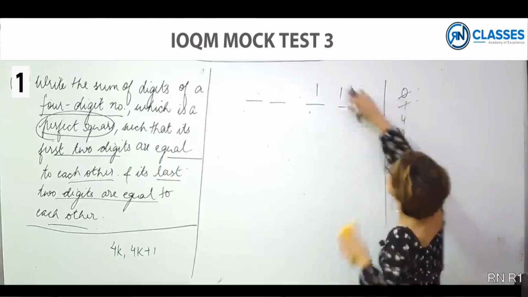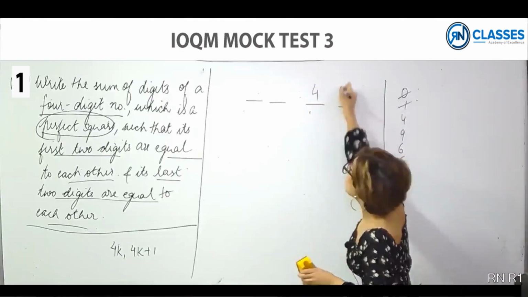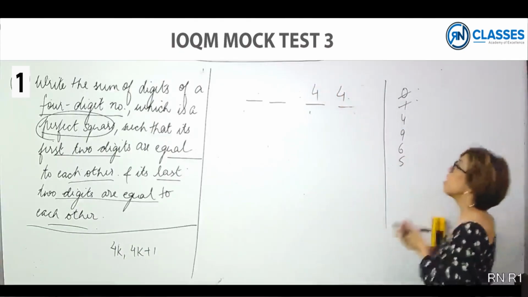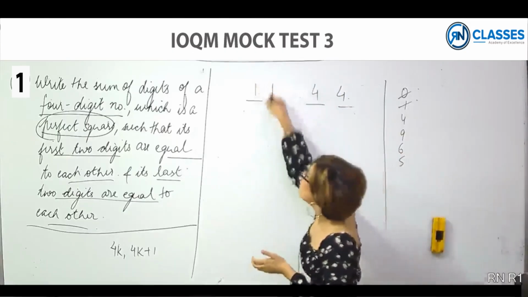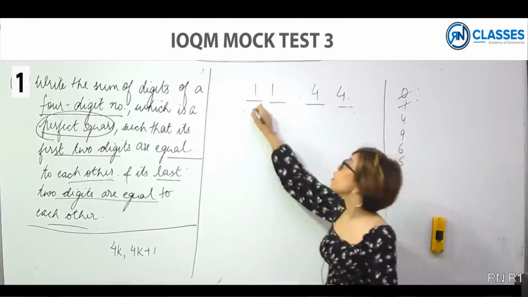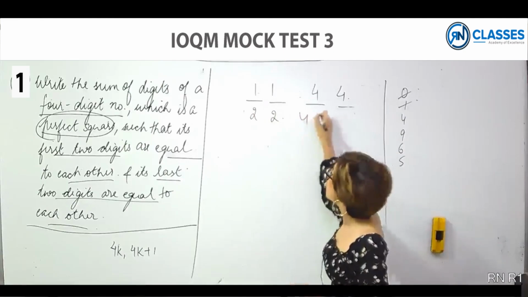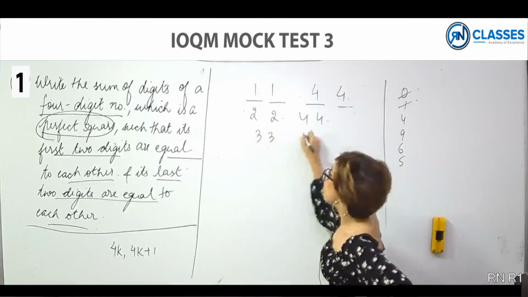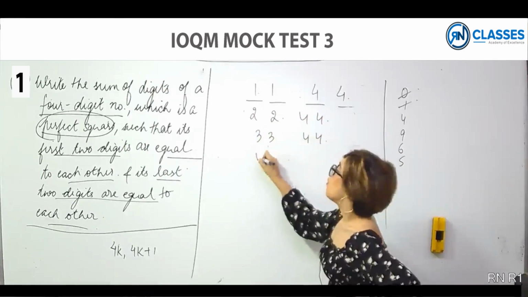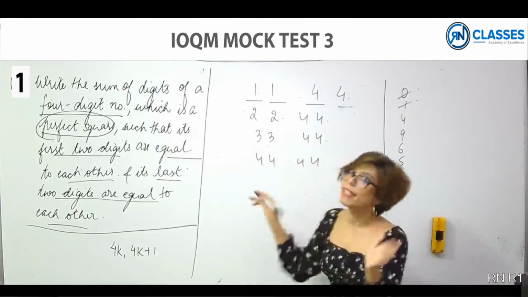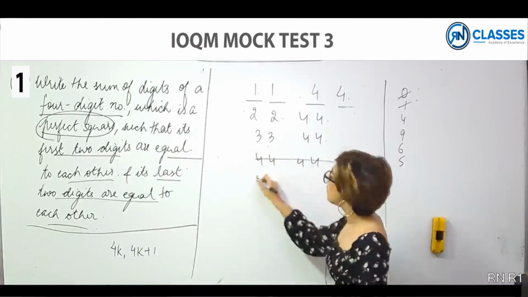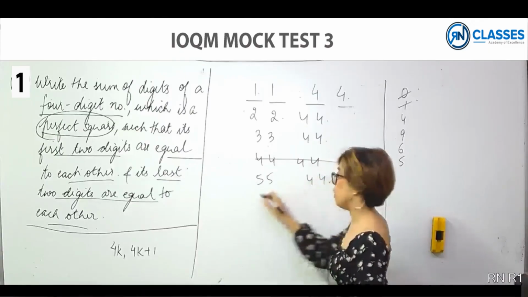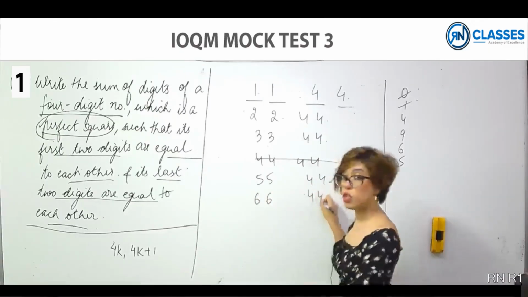So let's come to 4. This I need to check. So first, obviously, I'll check for 1, 1, 4, 4. It's not. Then you can check 2, 2, 4, 4. Again, it is not a perfect square. Then 3, 3, 4, 4, not a perfect square. 4, 4, 4, 4, definitely not a perfect square. Then 5, 5, 4, 4, not a perfect square. 6, 6, 4, 4, you need to check these.